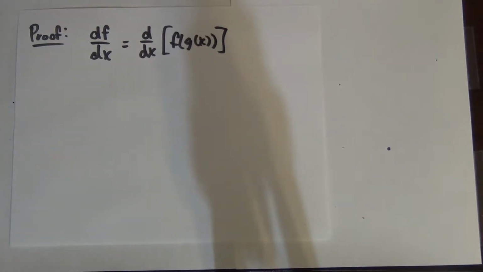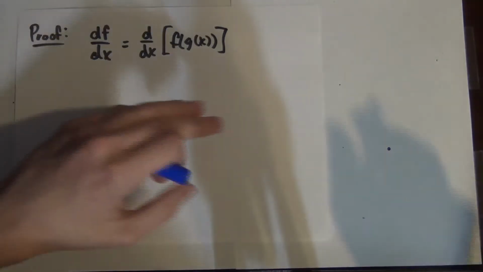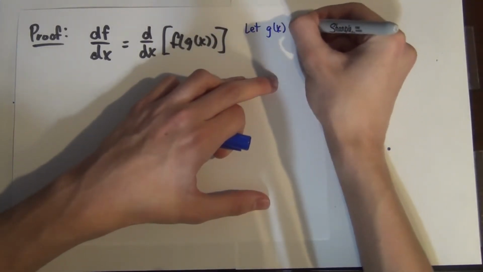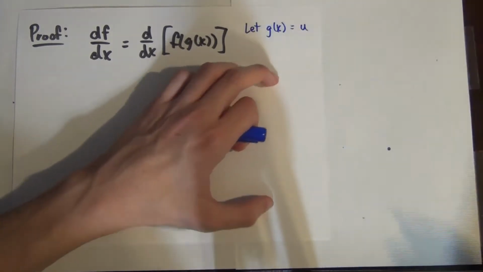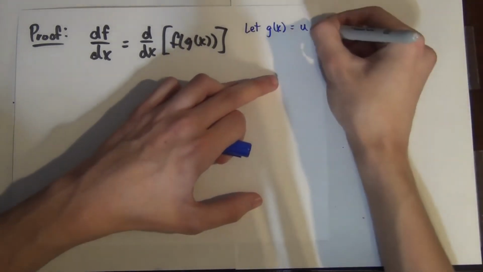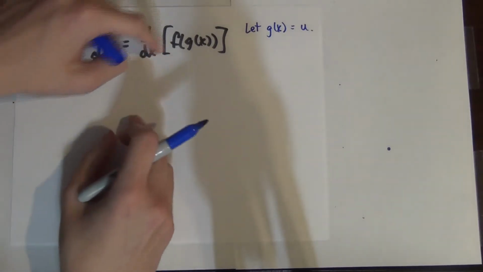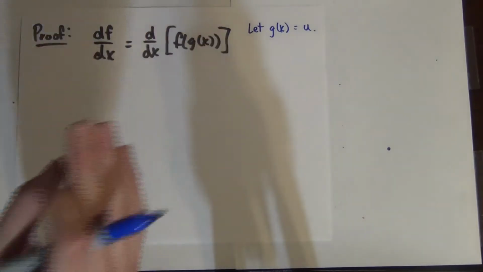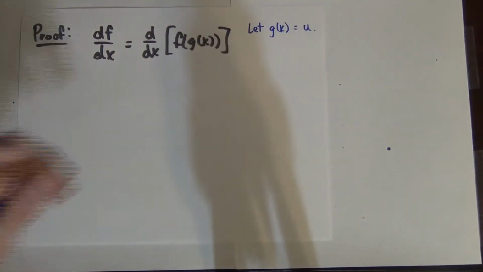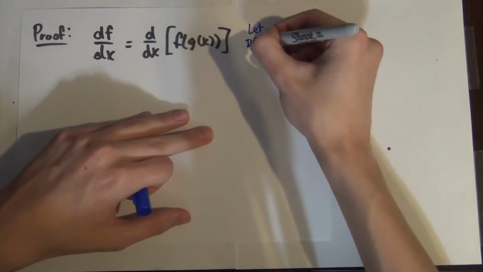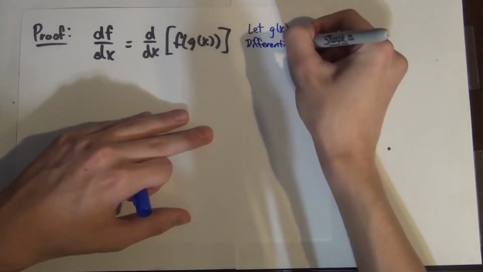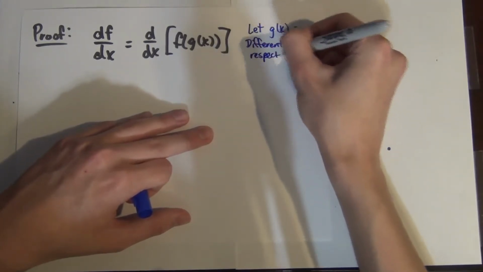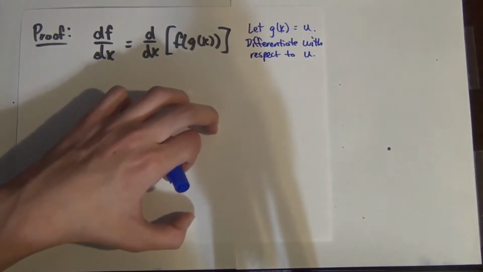Now what I'm going to do is let this inner function g of x just equal another variable u. Now instead of differentiating with respect to x, I'm going to differentiate with respect to u. You're going to see why that makes sense in just a minute. So we're going to differentiate this function with respect to u.